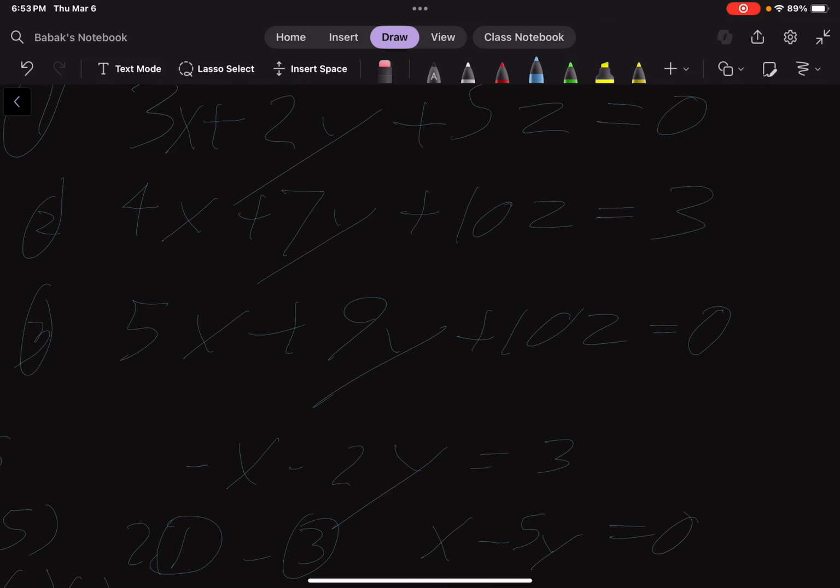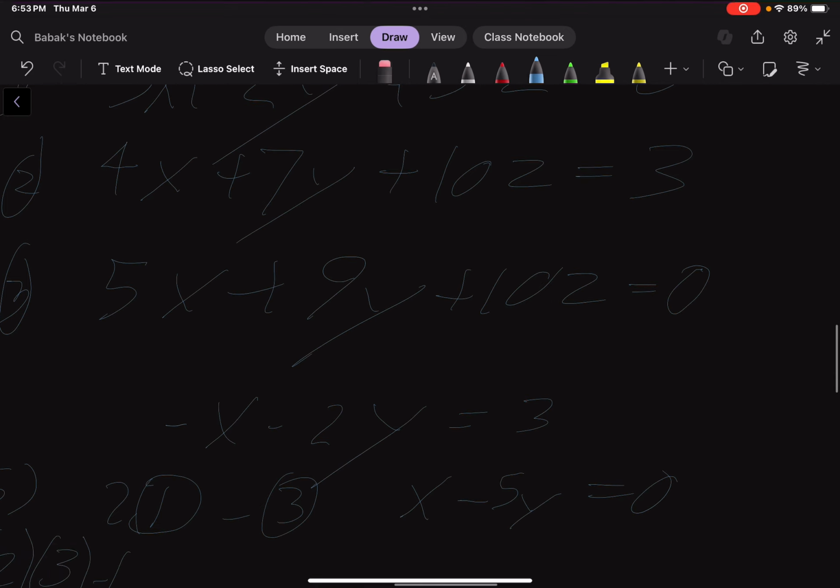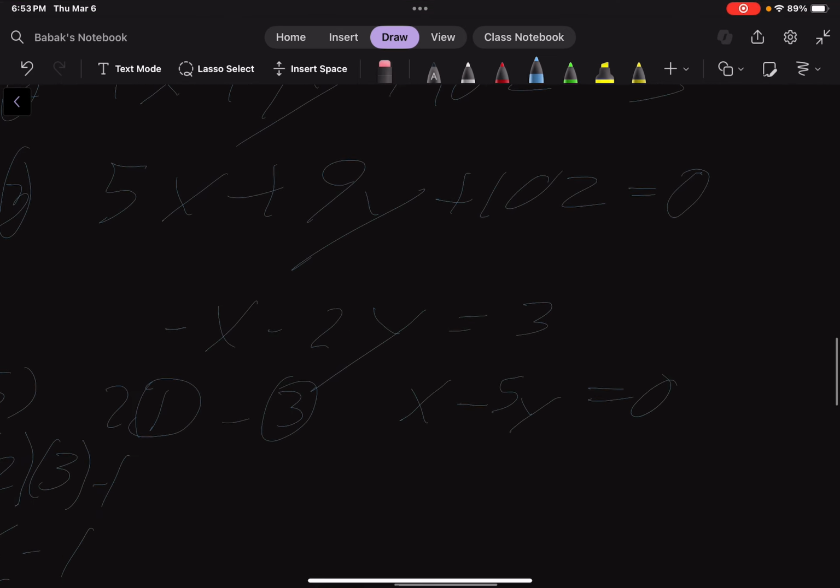That's essentially 6x, being 3x times 2 minus 5x, that's x, and 2y times 2, 4y, minus 9y is negative 5y. Yes, we were correct. And 5z times 2 is 10z, minus 10z is 0. So we've successfully eliminated the z's.